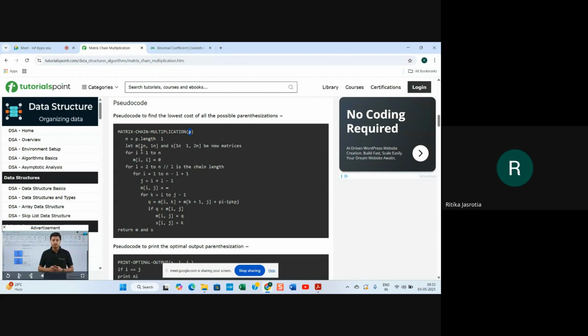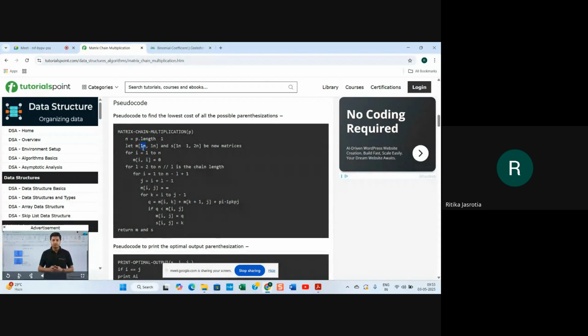Let m[1..n, 1..n] and s[1..n-1, 2..n] be new tables. I think it is n plus 1 here. You can keep i, j, or l, m, k, whatever you want, rather than keeping 1..n or something like that, because that will be confusing.